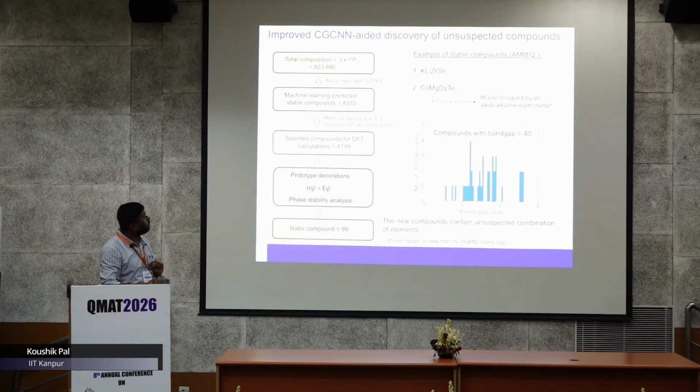Any element can occupy any site, right? For example, here the first two elements are both alkali metals, right? And in the second compound, the first element is alkaline earth, and the second is also alkaline earth. So these are unconventional compounds that we would not even think about had we not applied the machine learning model.